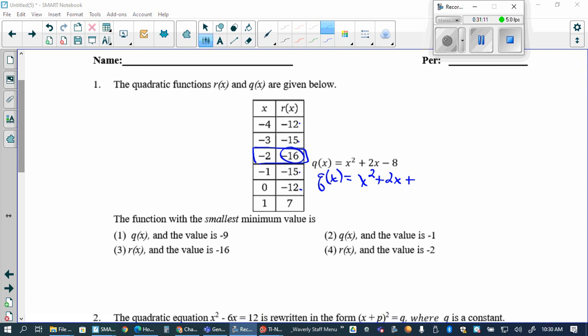So maybe we ought to just finish this out. We're going to add, what's half of 2? 1. 1 squared, right? Minus 1 squared. Minus 8, right? Just real quick, how many of these 1 squares do we add here? So we got to subtract 1, unlike the ones on the page before. All right, so what's this become? X plus 1 squared.